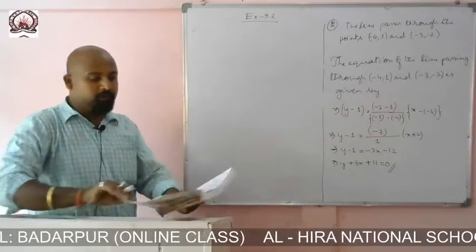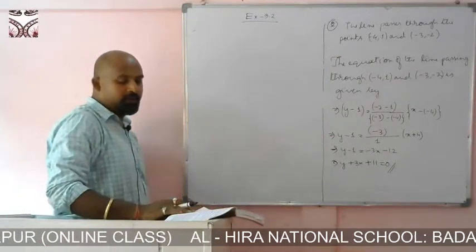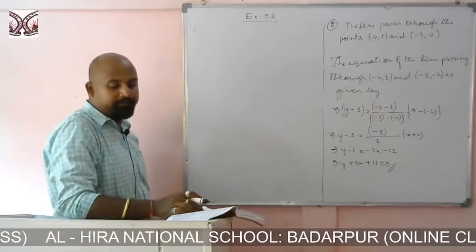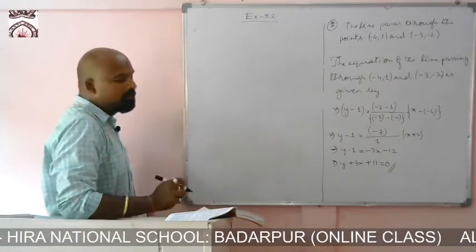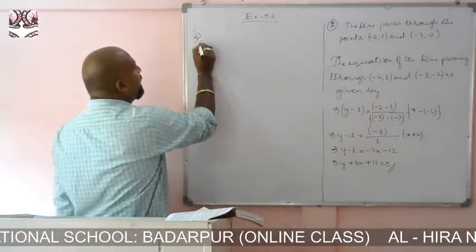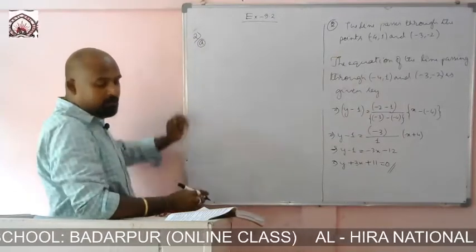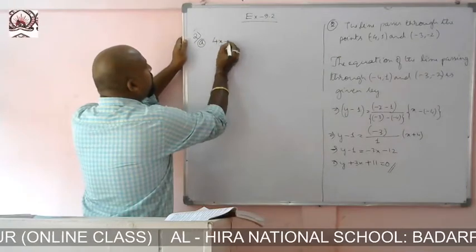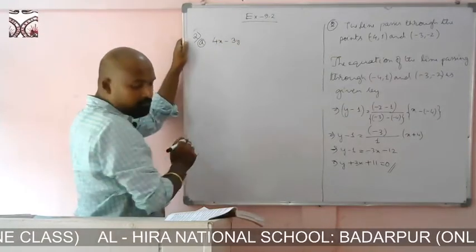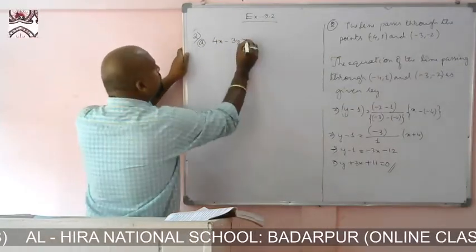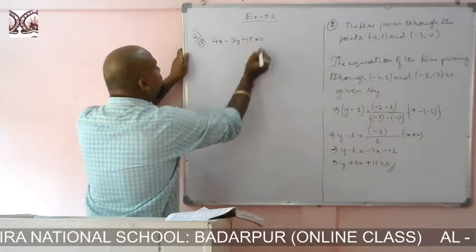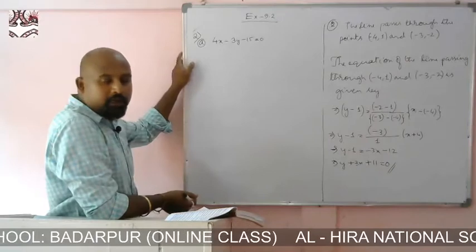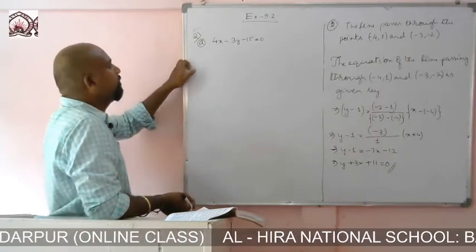Now reduce the following equation to gradient form, intercept form and normal form. Number 2, part A. The equation given is 4x minus 3y minus 15 equals 0. First of all, we have to convert it into gradient form.